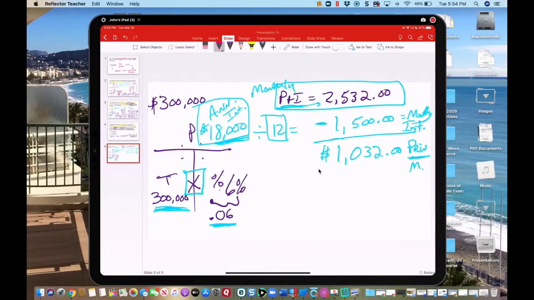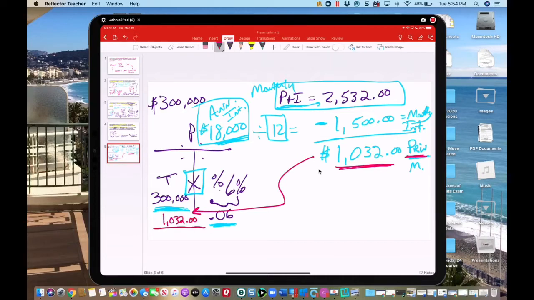We need to take this principal amount that we paid right here, and we need to subtract it from the $300,000. So $1,032.